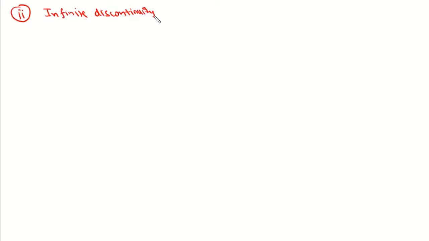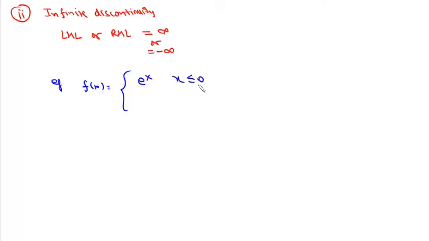And we have an infinite discontinuity if either the left hand limit or the right hand limit approaches plus infinity or minus infinity. Say for example, we have this function f(x), which is defined as e to the power x when x is less than or equal to 0, and it is log x when x is greater than 0.